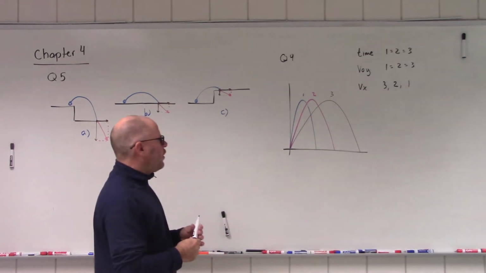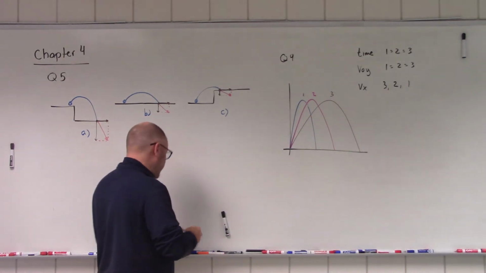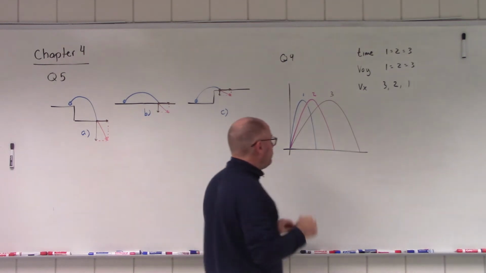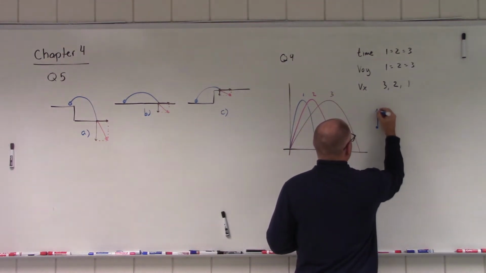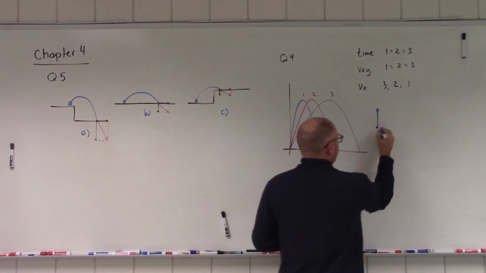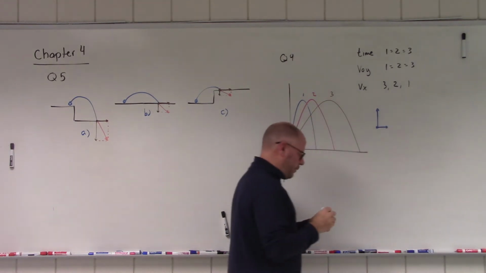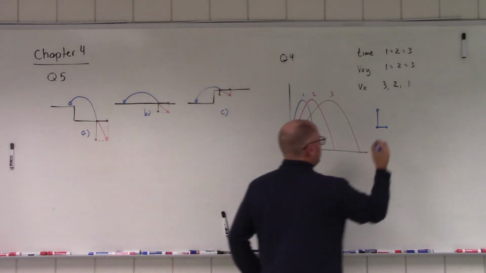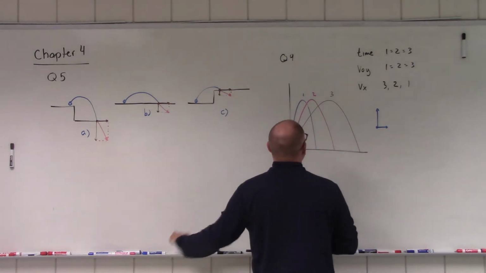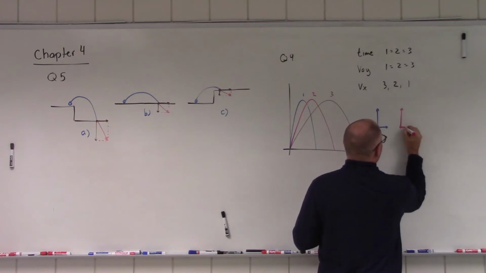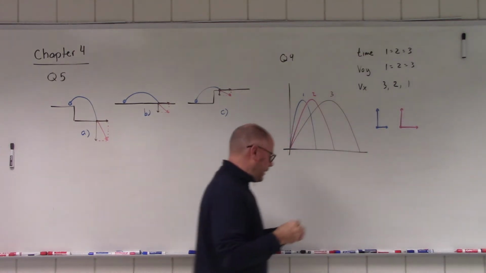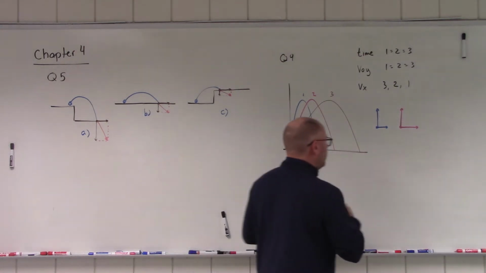And then the last part says initial speed, greatest first. What I like about this is if you look at the blue one, it has this vertical velocity component and a small horizontal velocity component. Let's do the pink one. The pink one has the same vertical velocity component, but a larger horizontal velocity component. And the brown one.